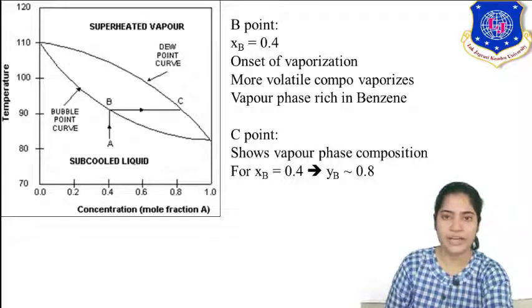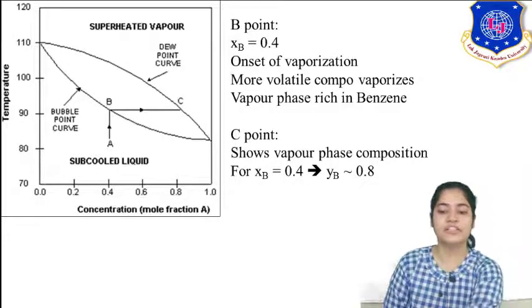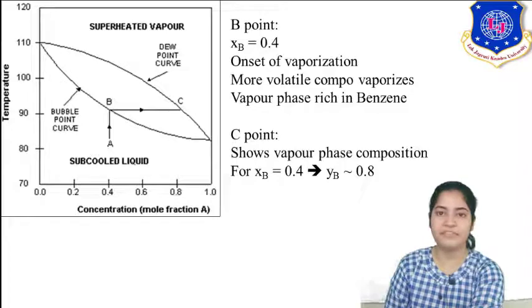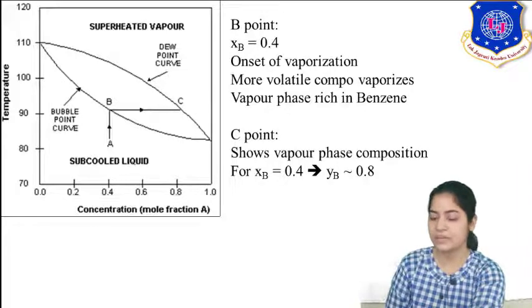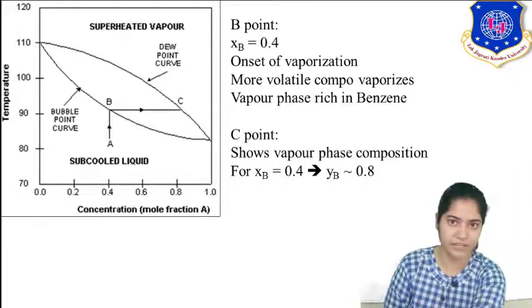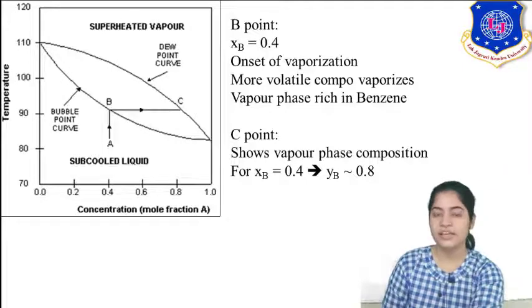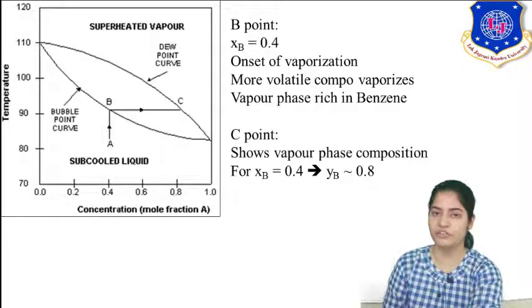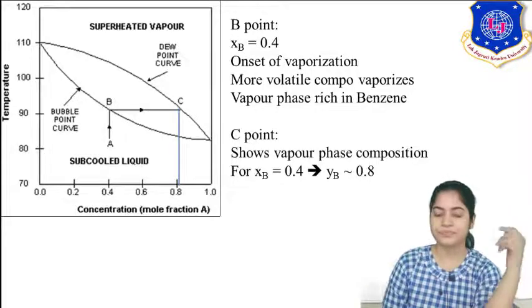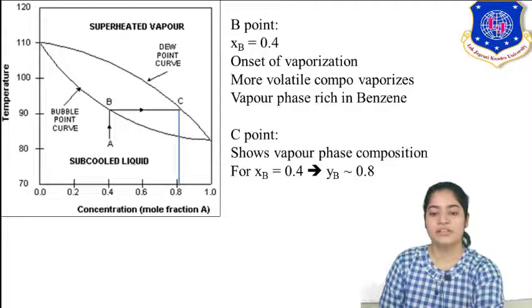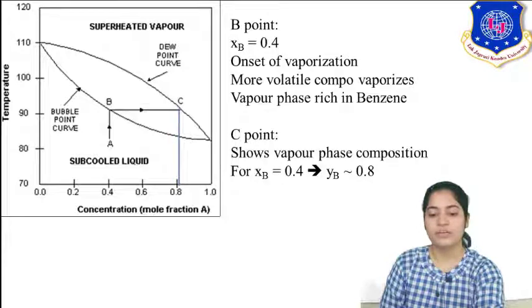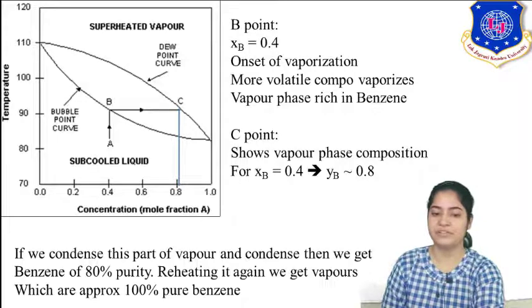So at C point I can say that for my XB equal to 0.4, I get my YB, that is the vapor phase composition of benzene, approximately equal to 0.8. So see, here enrichment has taken place. In vapor phase, you got more benzene. The corresponding 0.8 is the concentration of benzene in vapor phase.